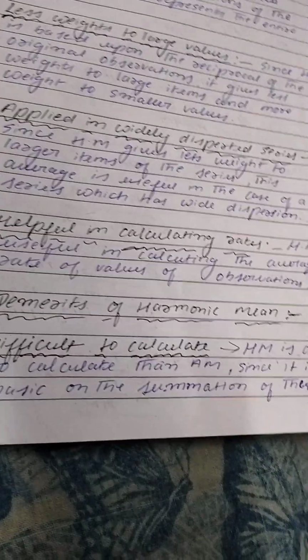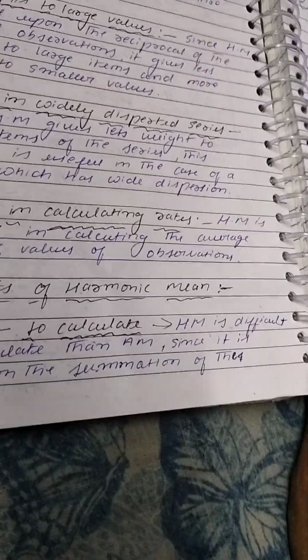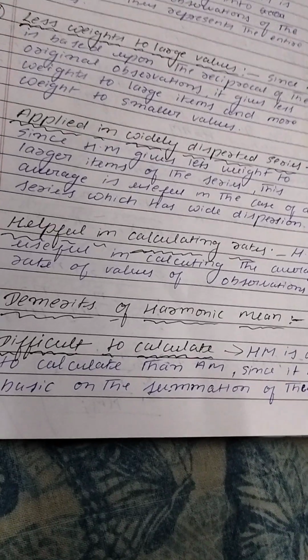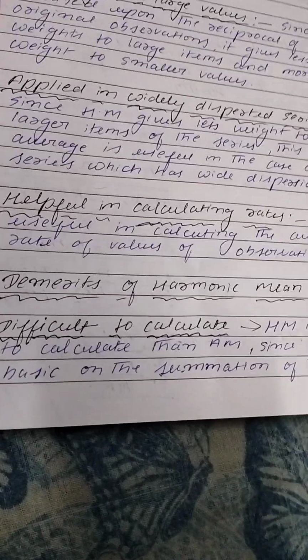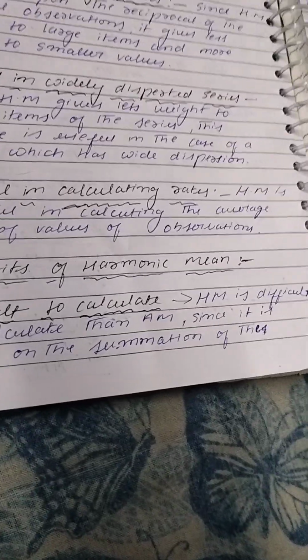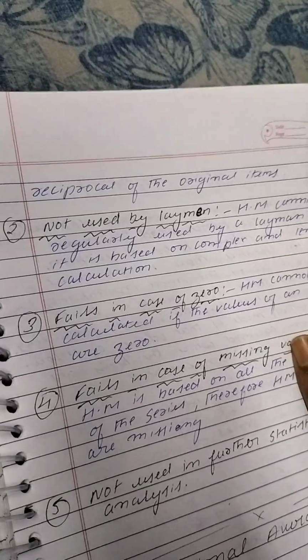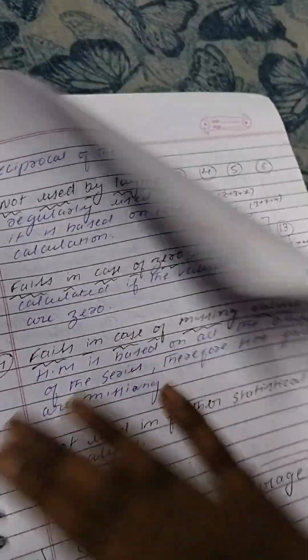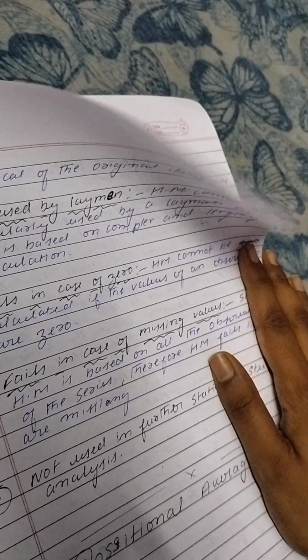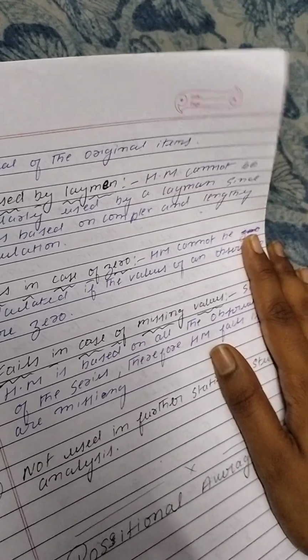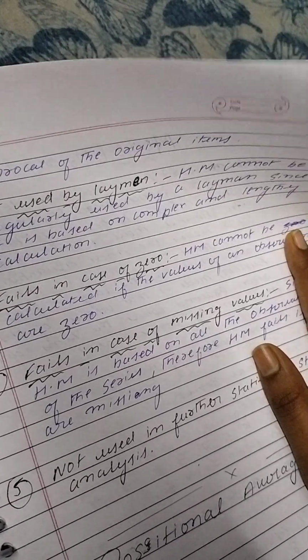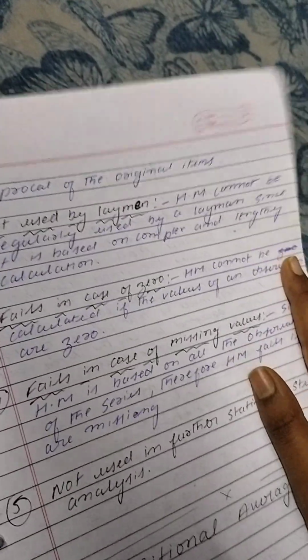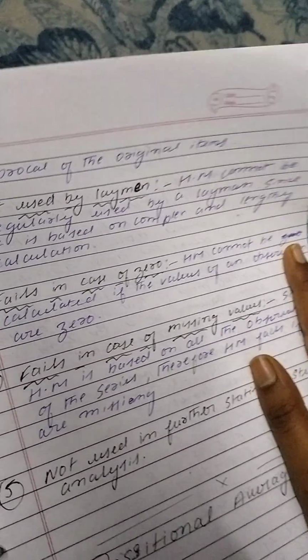First, it is difficult to calculate. HM is difficult to calculate than AM, since it is based on the summation of the reciprocals of the original items. When we reciprocate, as you can observe, there is so much work with the decimals. So it is kind of complex, but I think this is not that complex as compared to geometric mean.